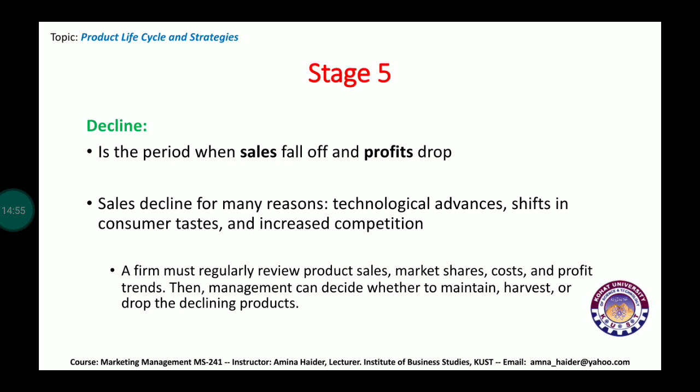Additionally, consumers might lose interest in your product as time goes on. If a company is at this stage, they will either discontinue their product, sell their company, or innovate in some way.